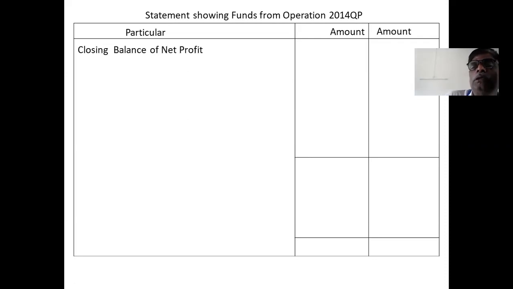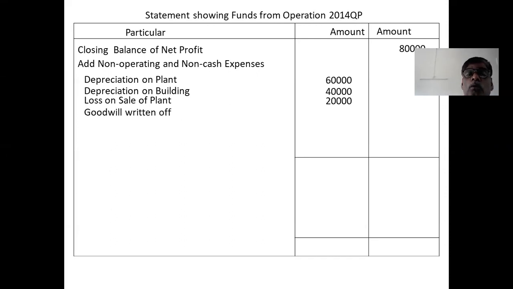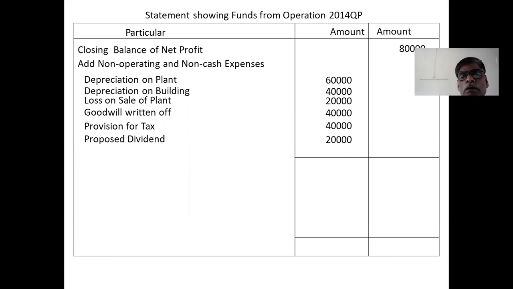The opening balance of profit is not given in the problem. You take 80,000. You add non-operating and non-cash expenses: depreciation on building, depreciation on plant, loss on sale of plant, goodwill written off, provision for tax, proposed dividend. These are the expenses not related to operation or not in the form of cash.